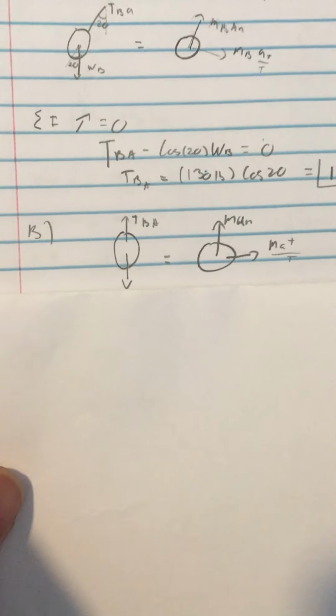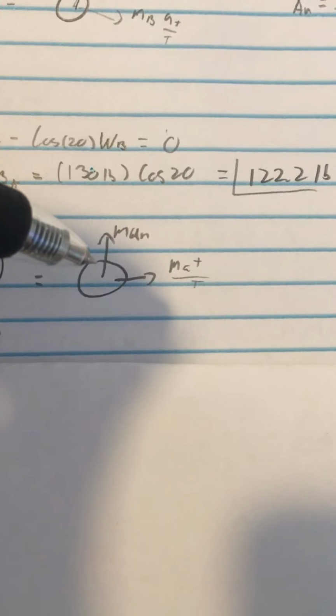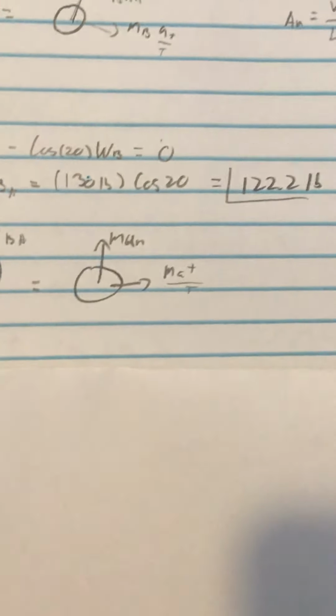Okay, part B, when it's at the bottom, we have a new free body diagram. This is our tension, BA, and we get rid of that angle. We have the weight of B down, and then we have our forces for the normal and the tangent.